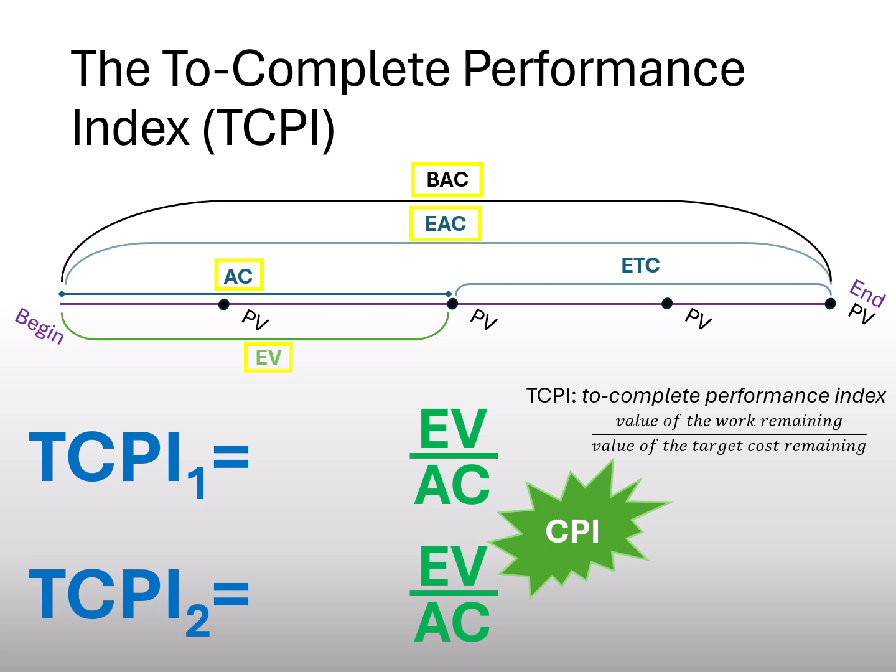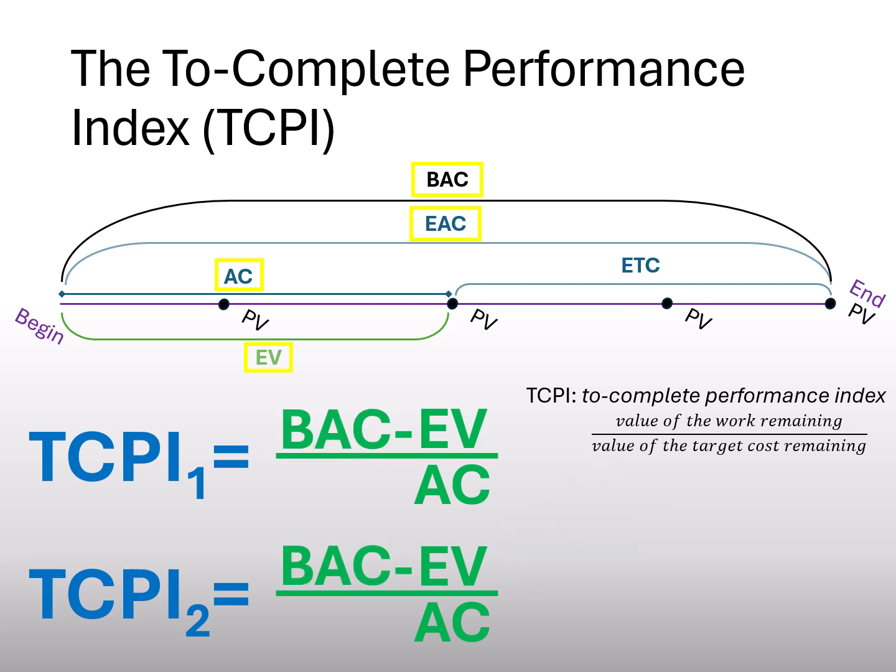So the numerator in each case will be BAC minus EV. And we should divide that value by the remaining budget. So the denominator will be computed as the original budget minus what I have already spent. For the first case, BAC minus AC.